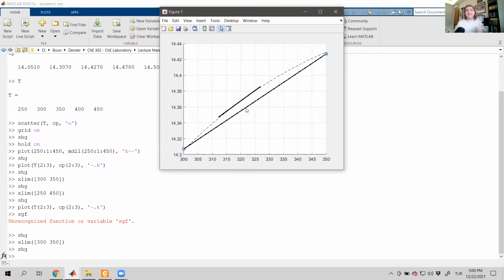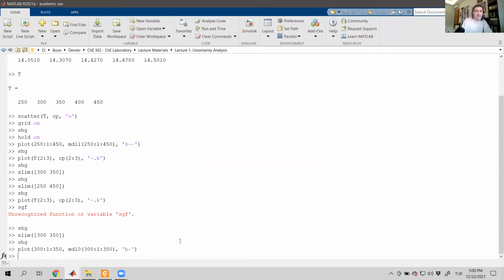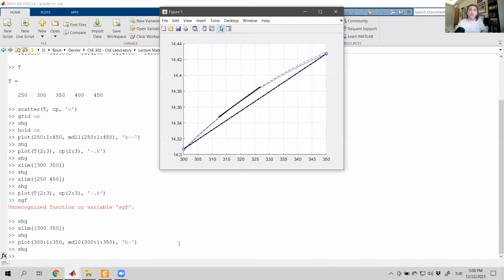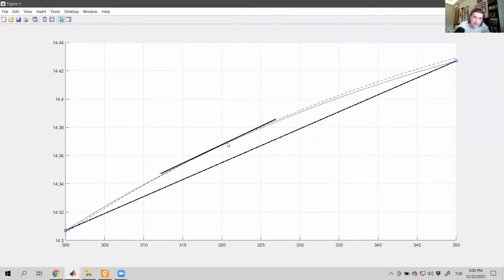So one may easily ask the question, is this the true line? Actually, I'm not going to go into details, but I have come up even with a better approximation. Let me also show it to you. All right, I think this is the better approximation. The blue line is the better approximation. Let me focus here.